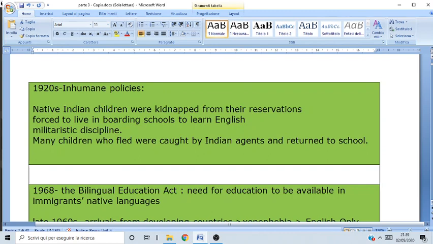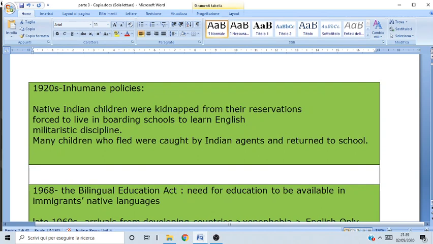What happened in the 1920s? Well, in the United States, there were lots of policies that went against minorities. One example is the case of Native Indian children who were kidnapped from their reservations and forced to live in boarding schools.